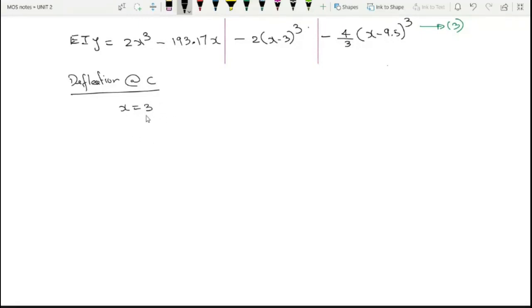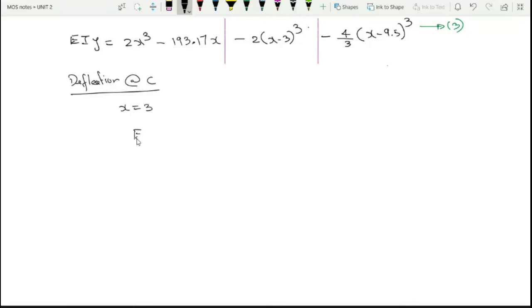Okay, so since my x is equal to 3, what will be my deflection equation? That is important. So 3, again, you should follow the same rule. When I substitute 3 here, positive value, very good. This one, 3 minus 3, 0. So you don't need to consider this. This is a negative value. You can't skip this 2.